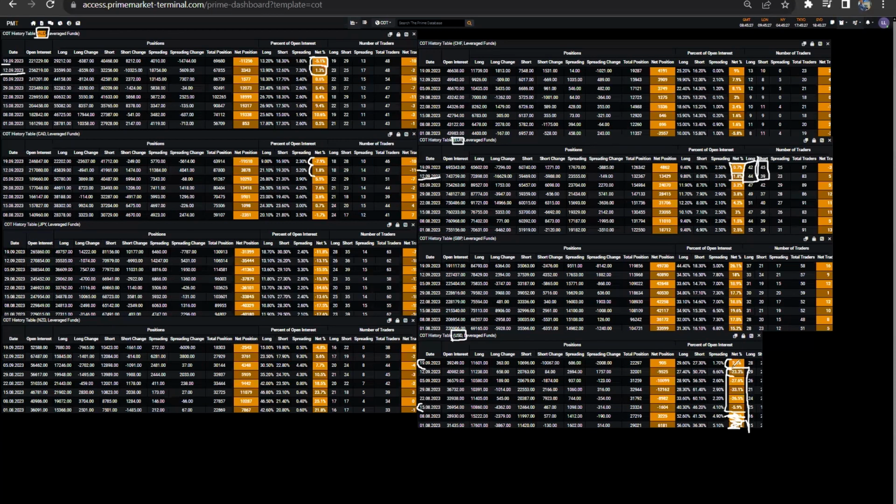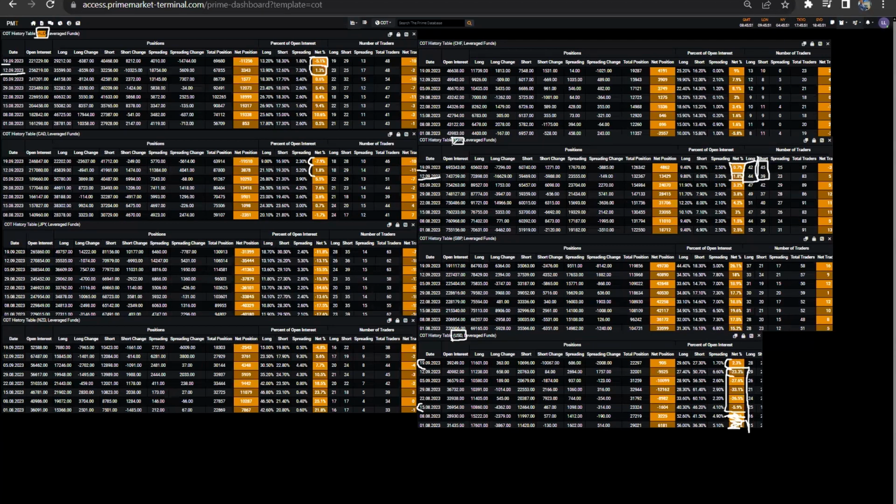So we have more positions getting added on the long side now, or a few positions moved out from the short side. That indicates that they left the euro, they're adding short positions on euro, and they are adding long positions on the US dollar.